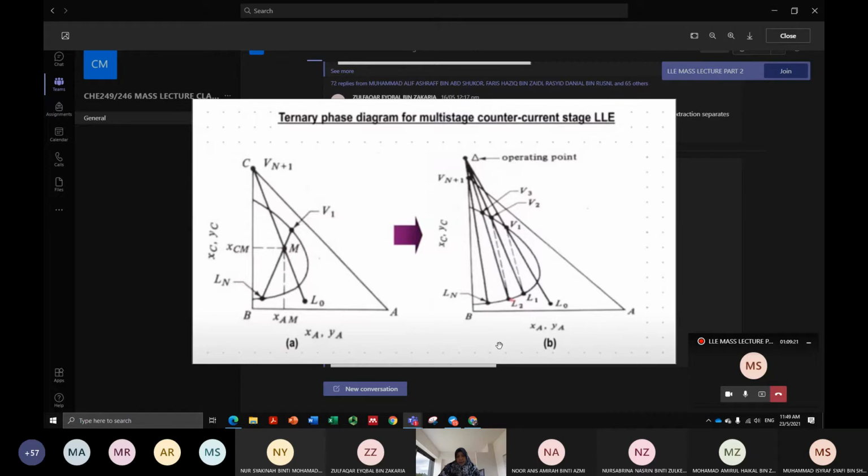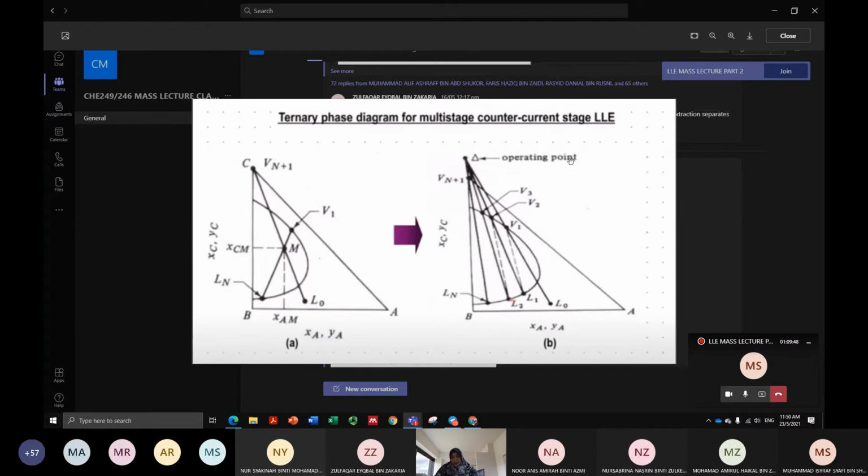So how to draw these things? If you want to know the number of theoretical stages for liquid-liquid extraction, we need to develop the way we calculate the number of stages based on the tie line.